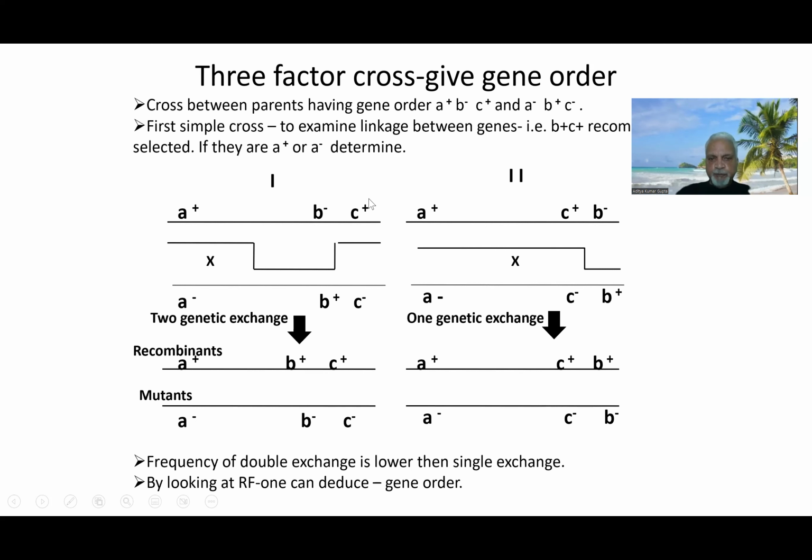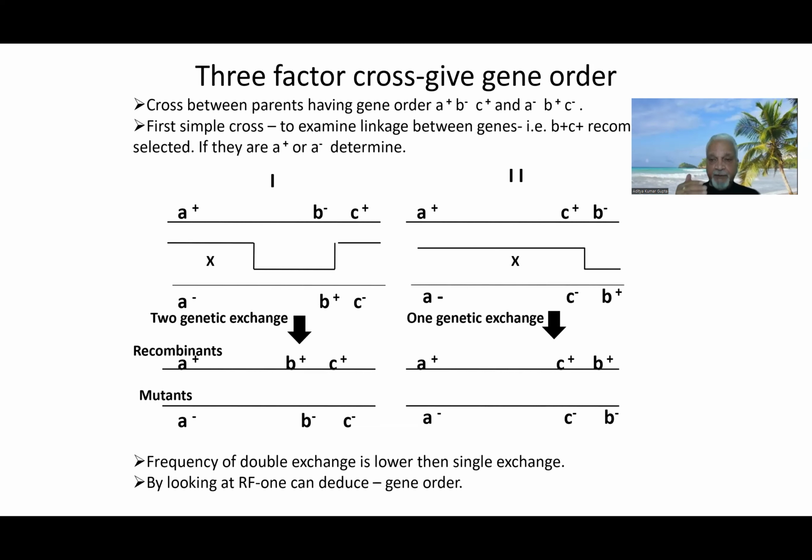So in these two panels, one recombination is requiring two crossover processes, and the other is requiring only a single crossover. And it is known that the frequency of two crossovers is less than a single crossover.